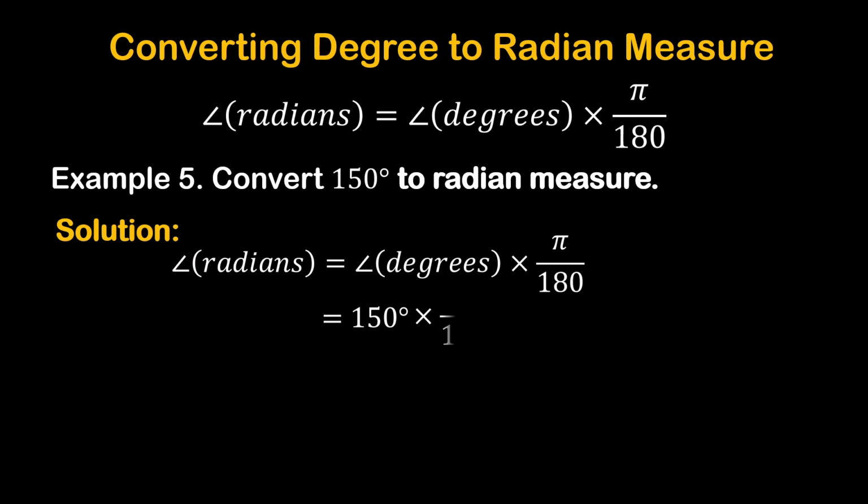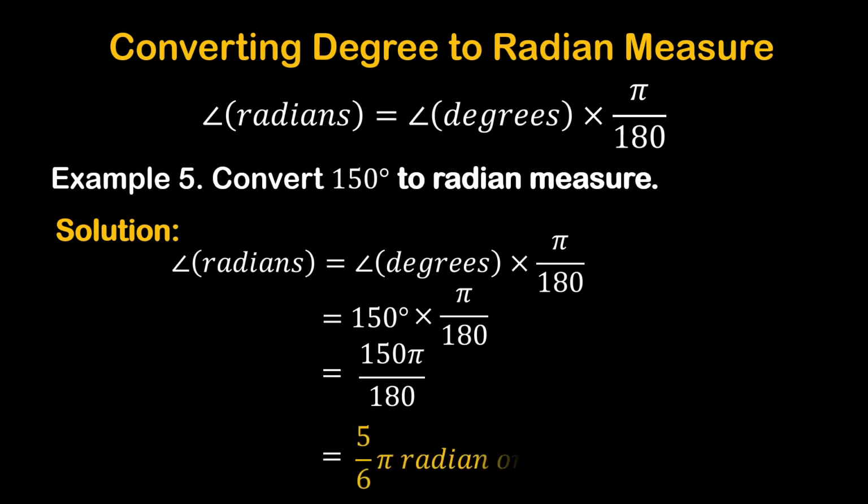Then, we multiply that by pi over 180, and that will give us 150 pi over 180. Now, take note, we can still simplify this one. The simplified form of 150 pi over 180 is equal to 5 over 6 pi radian or 5 pi over 6 radian. So therefore, 150 degree is equal to 5 over 6 pi radian or 5 pi over 6 radian.